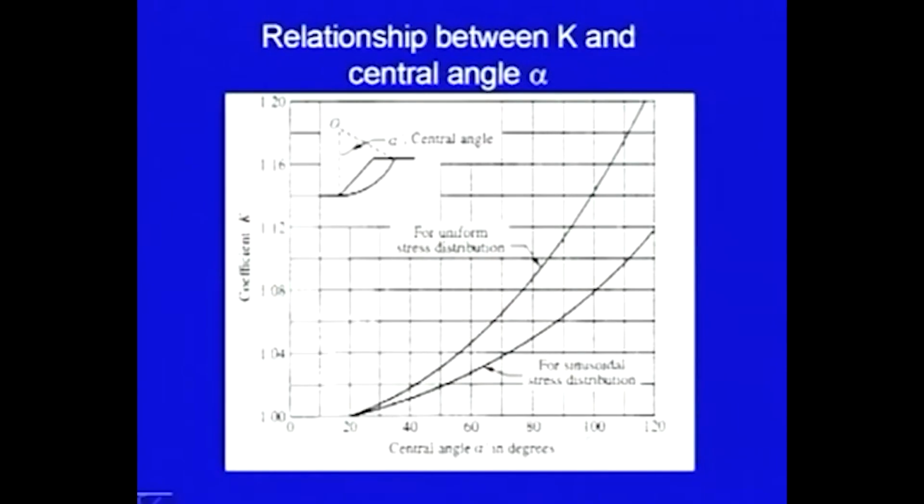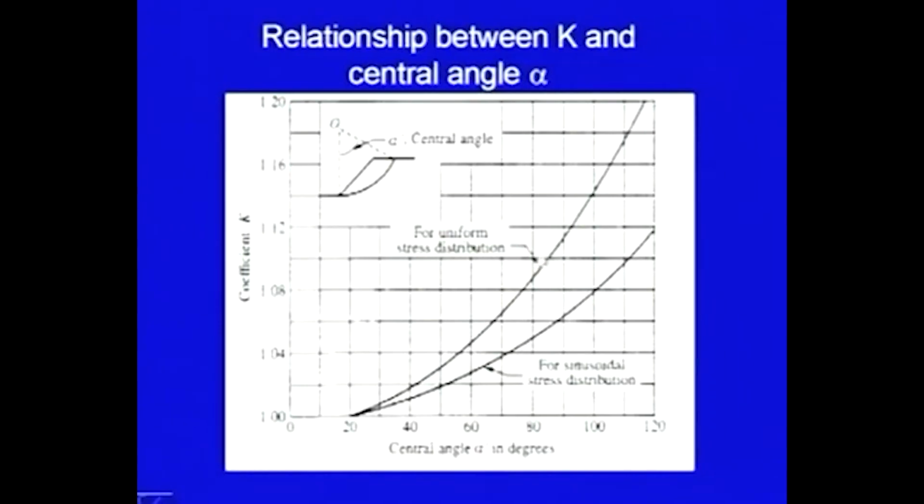So, here on the x axis you have angle alpha, on the y axis you have coefficient k, and you can see there are two curves, one for uniform stress distribution and the second for sinusoidal stress distribution. So, it depends on what kind of stress distribution has been assumed.